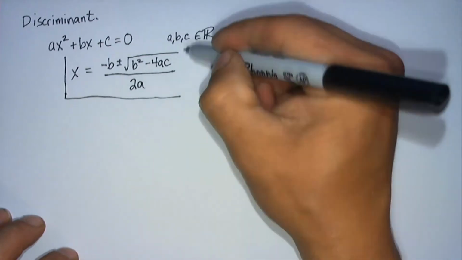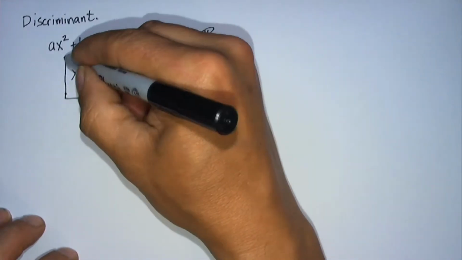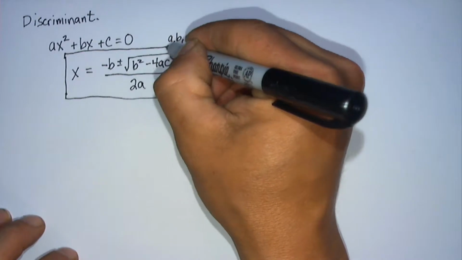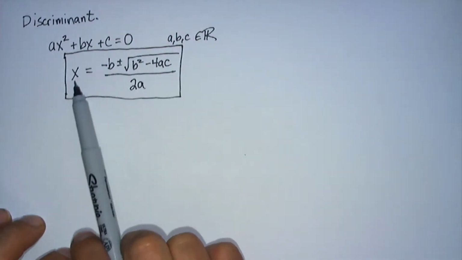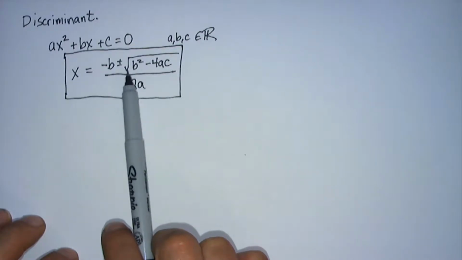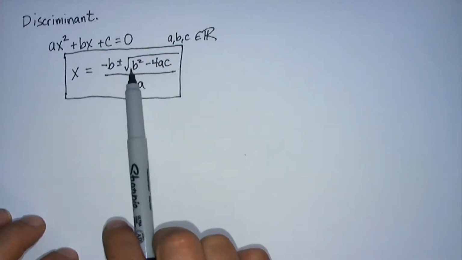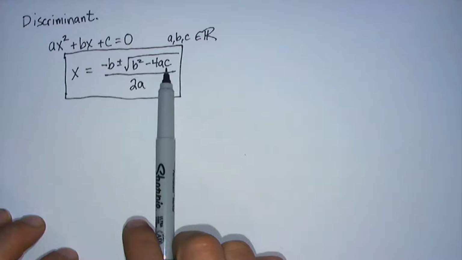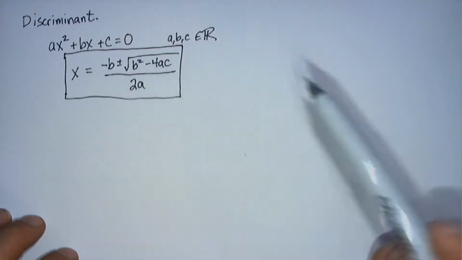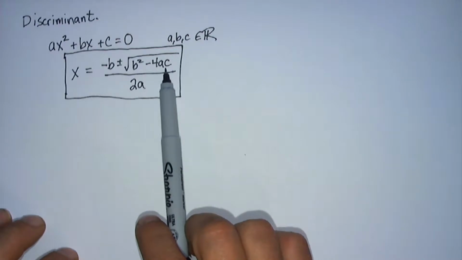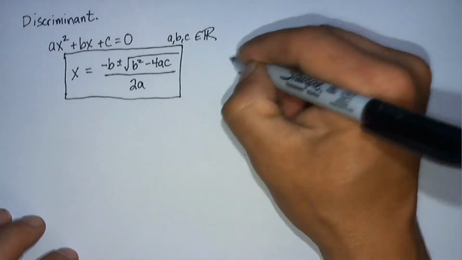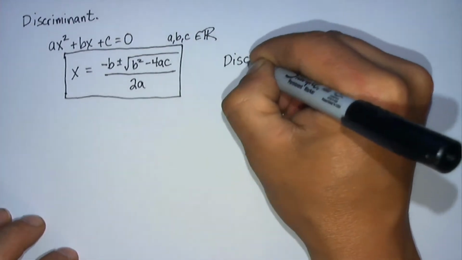Now, by looking at this formula and remembering what we discussed in the last lecture, you can see that the values of x are very important on what's going on in this square root right here. There are 3 different things that can happen, and what's underneath this square root is actually known as the discriminant.